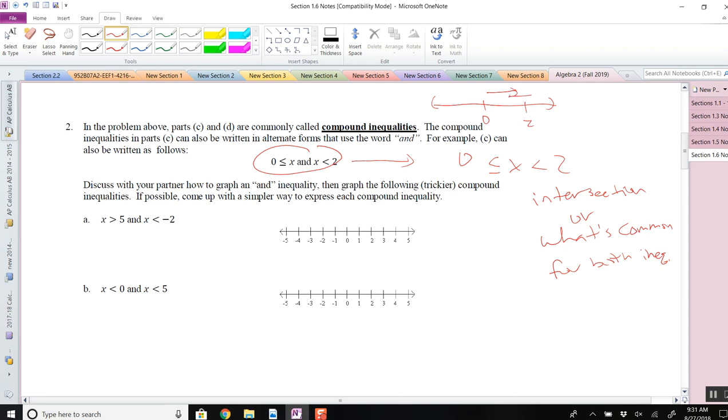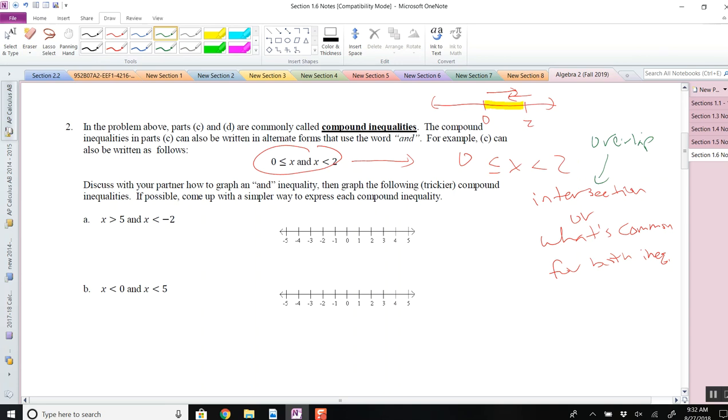Here's 2, you're going in that direction, but we only want the overlapping region. We're not going to unite both of those inequalities because if you unite them, then you actually shade everything. So very careful, and represents the intersection or overlap between the two.